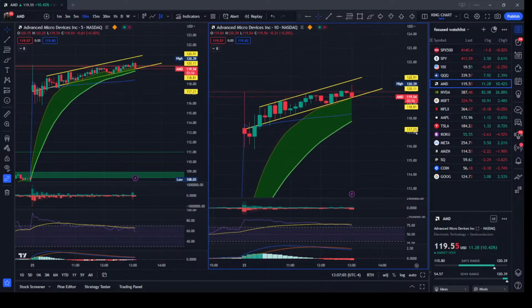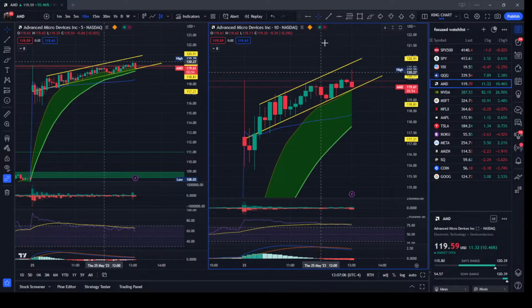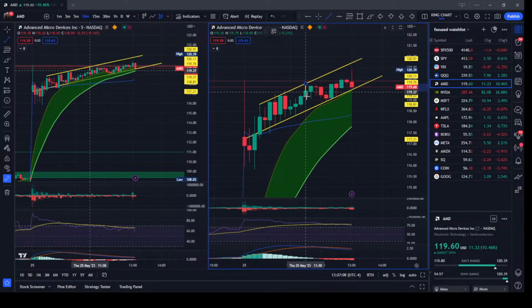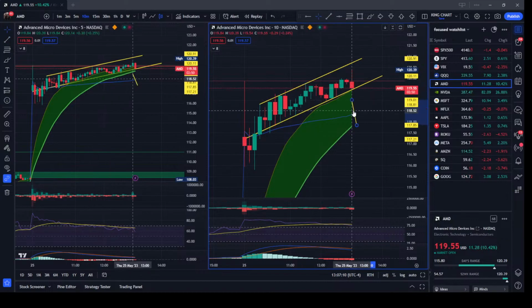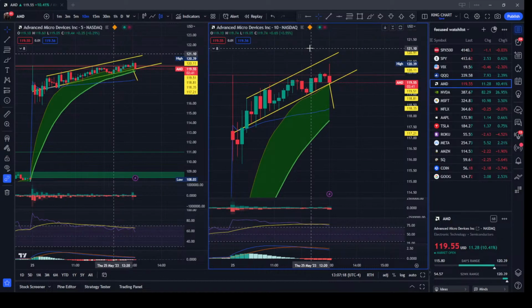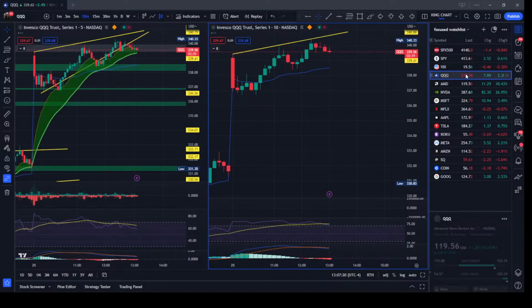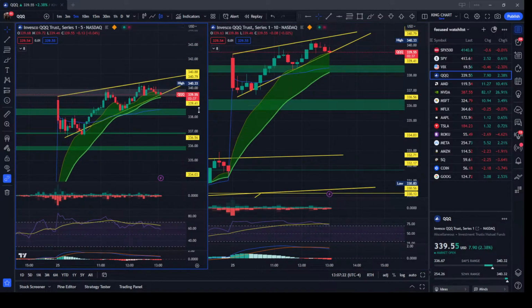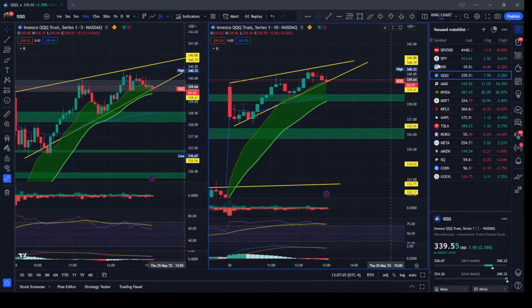So another rising wedge here, but this move is just not big enough for us to care about because the measured move is only what? Let's see here. From 119.48 to 118, so only $1. Could be a good move. We'll keep an eye out. It's kind of aligning with Qs though. Pretty much on the same page.